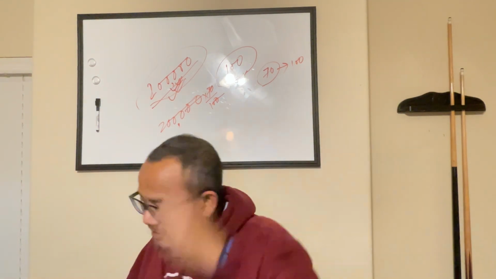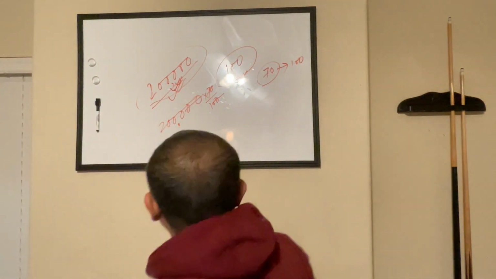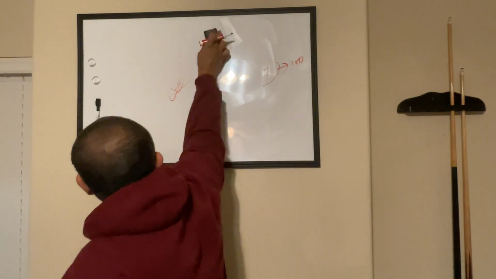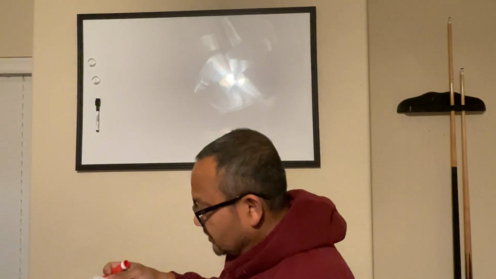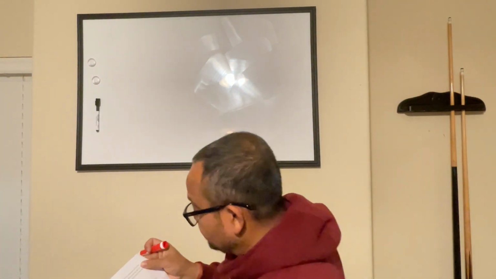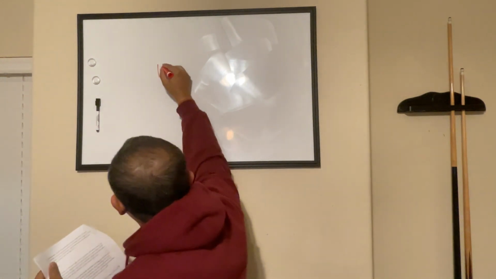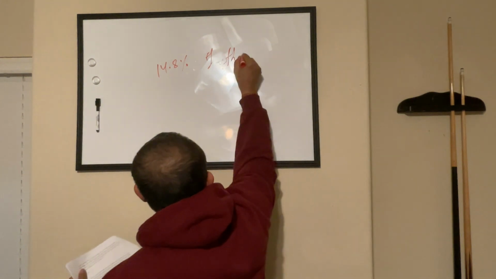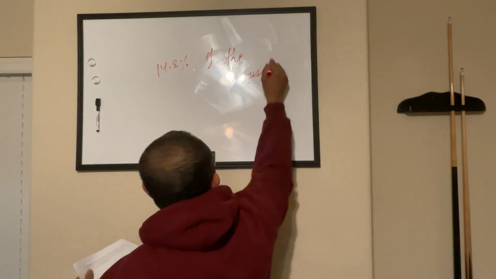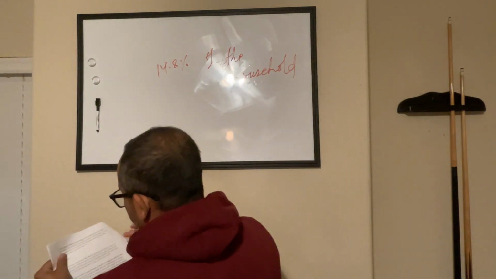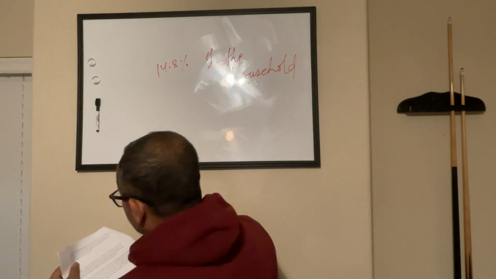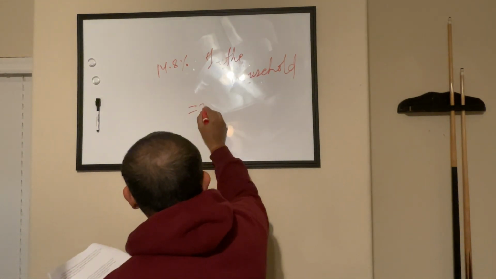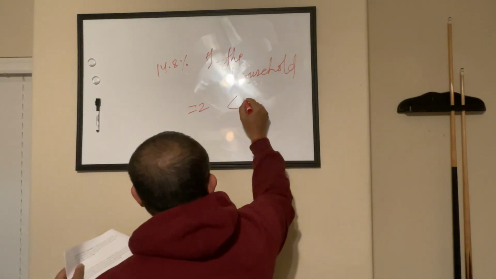I probably will not try doing it. I'm just trying to confirm that we understood the question right. A representative sample of household in the city reveals that 14.8% of the household have exactly 2 children under the age of 18 years.